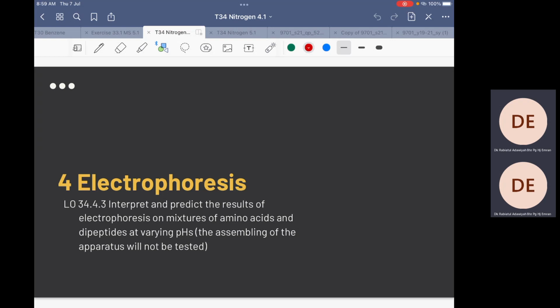Yesterday we looked at amino acids and how they can exist in three forms. In a neutral pH, it exists as a zwitterion, but overall it is neutral, zero charge.